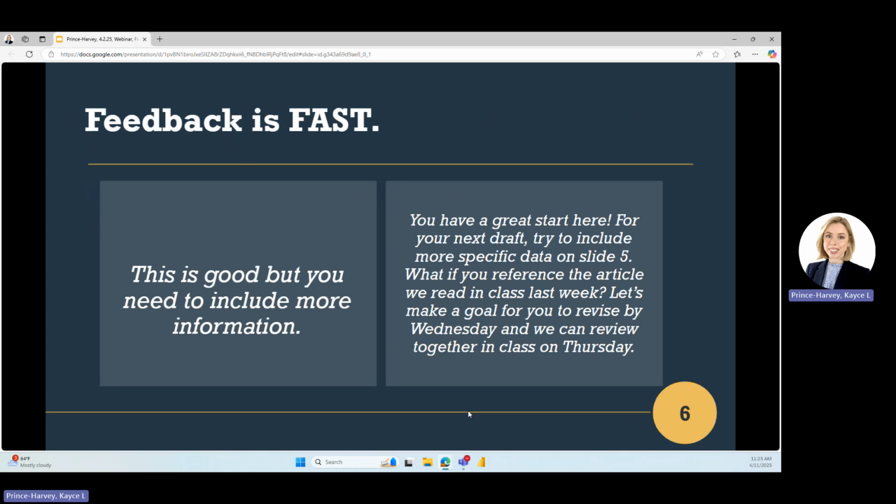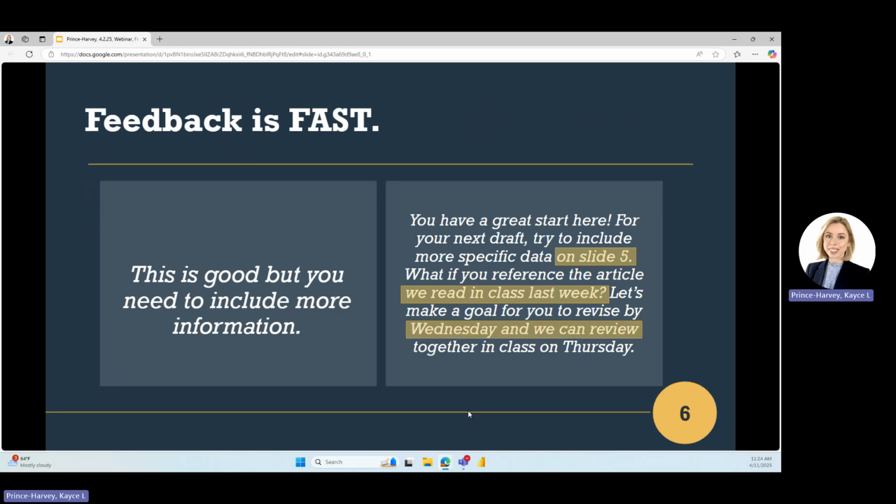So now let's see an additional example on the right. This is the revised version of the feedback that's on the left, and it uses portions of the FAST model. So we're being specific about the area in which students should be looking for their adjustment. We're also referencing the information that students could refer to.